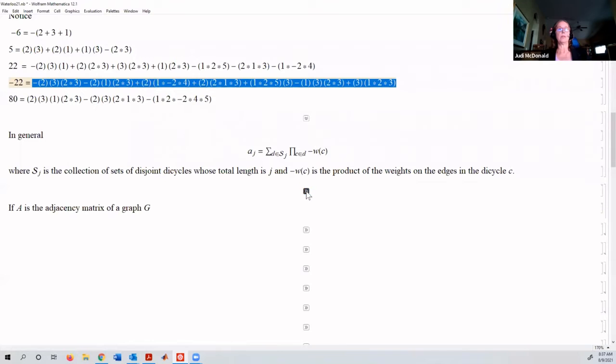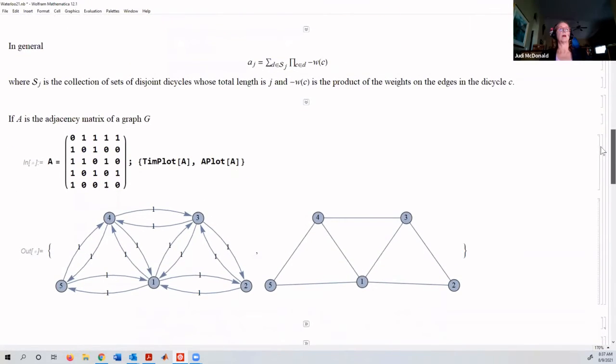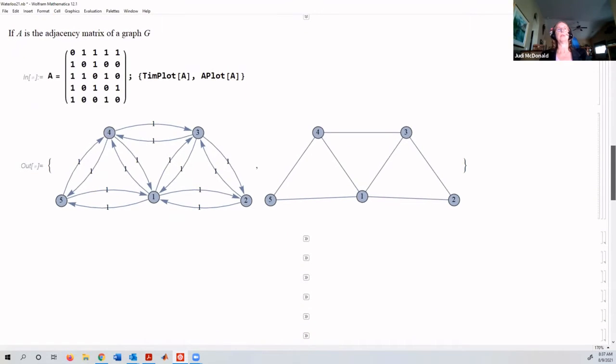So we can tweak this a little bit. If we're looking more at the adjacency matrix of a graph, things get a lot easier, because on one hand, all my weights are 1. And I'm a digraph person, so when I see this matrix, I still see a digraph with edges going in each direction and a weight of 1 on each edge.